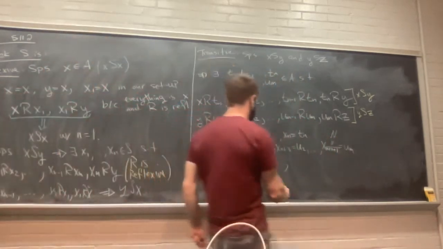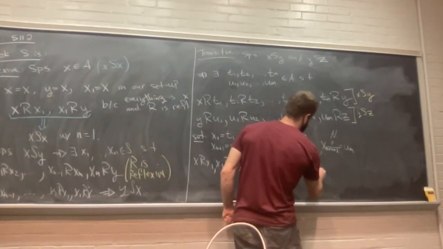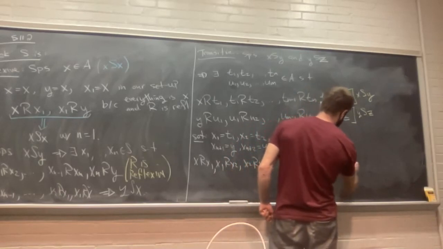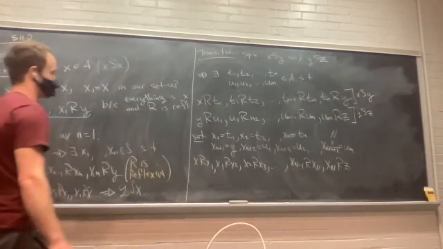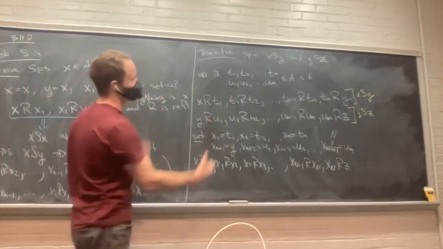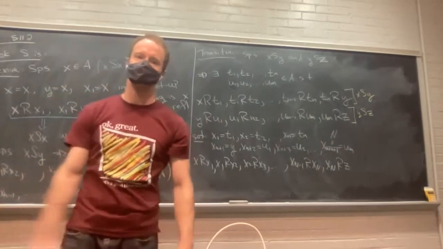We have all the way up to x sub capital N minus 1 is related to x sub capital N, and then x sub capital N is related to z. Right? That just comes from taking these two lists and mashing them together and then renaming it so that it looks like our definition of S over here.